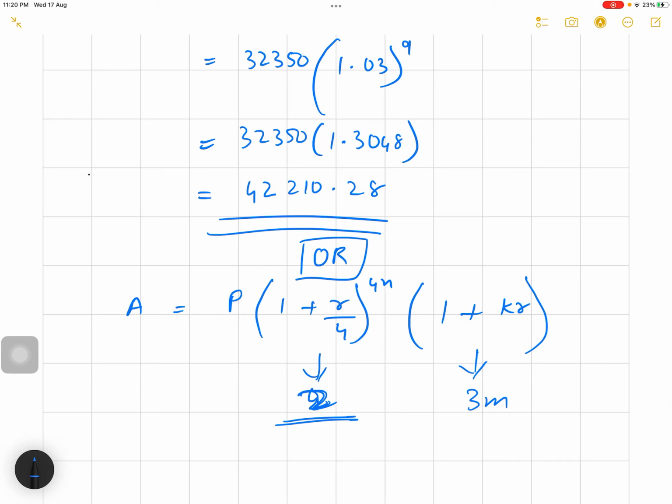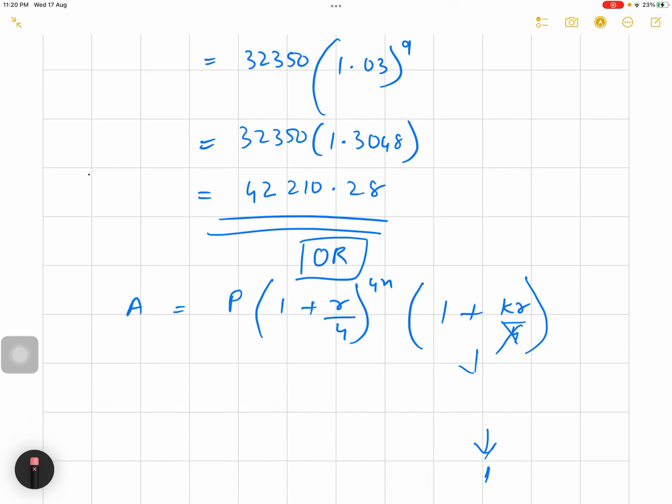During 2 years, in 1 year you are computing interest 4 times, because interest is computed quarterly. Quarterly means after every 3 months it is computed. Now in the second bracket, when you are calculating for 3 months, interest is computed only once, so you will not do divide by 4.